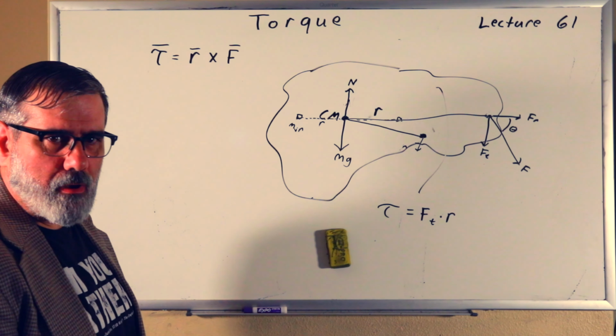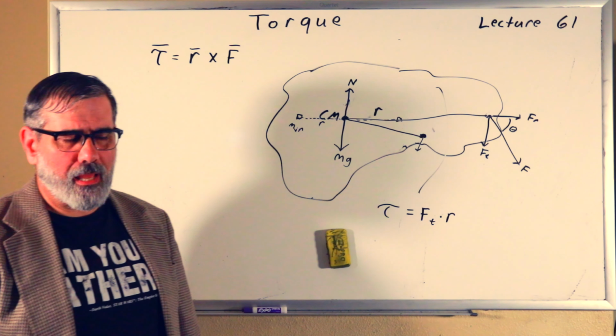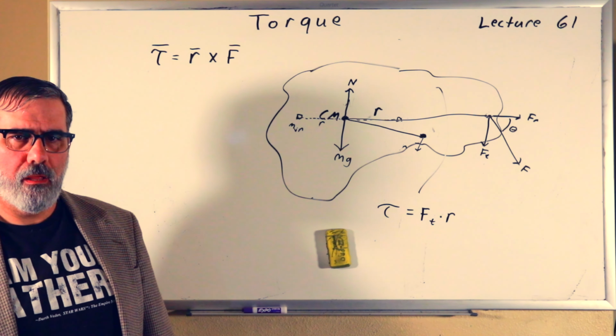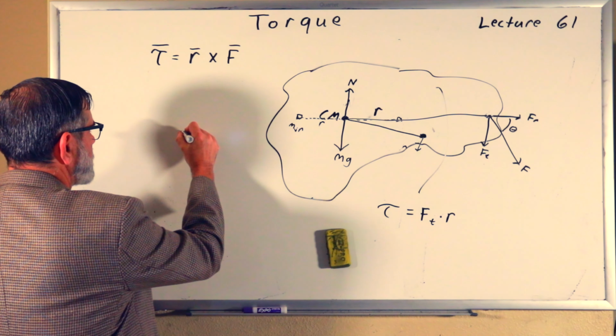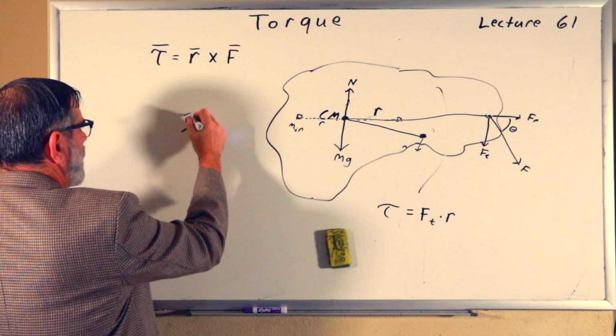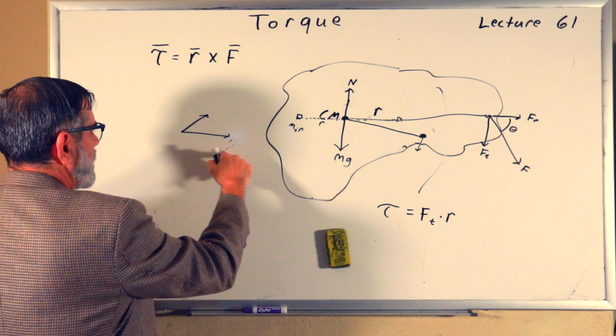And in what direction is it? Well, it's called the right-hand rule. And I think we did talk about the right-hand rule with angular momentum. This crossed with this. So if this is, say, R, and this is, say, F, well, let me do it the other way around so I don't have my thumb coming out.